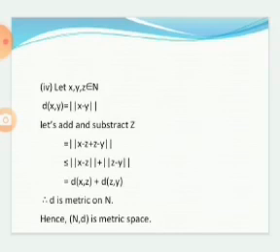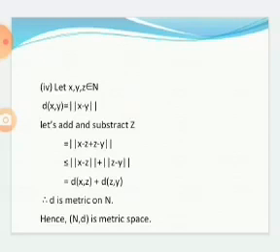Recollect the definition of normed linear space, third condition: norm x plus y is less than or equal to norm x plus norm y. So here, x minus z plus z minus y, taking x minus z as some x and z minus y as some y, and applying this, it becomes less than or equal to norm x minus z plus norm z minus y.